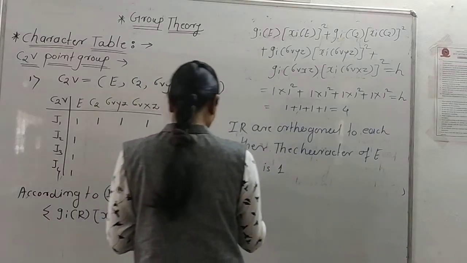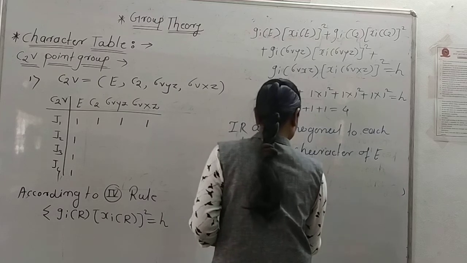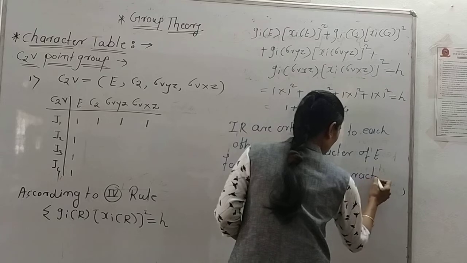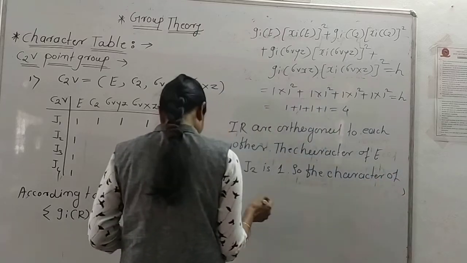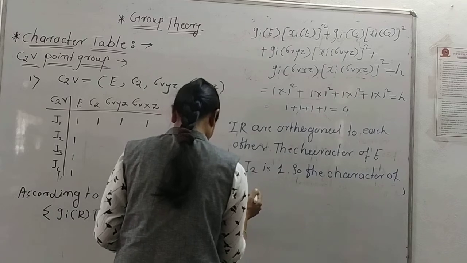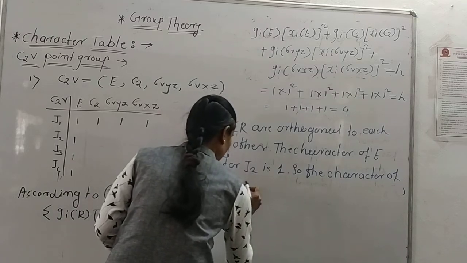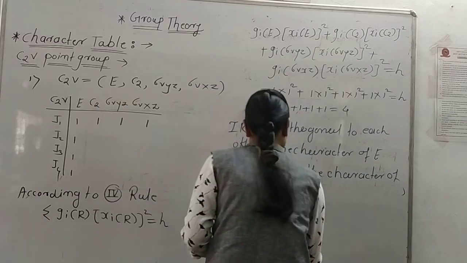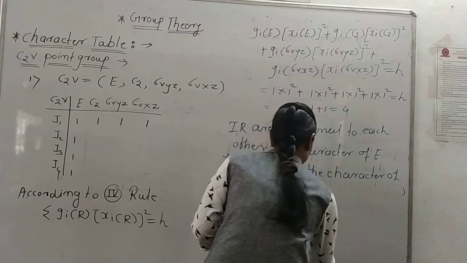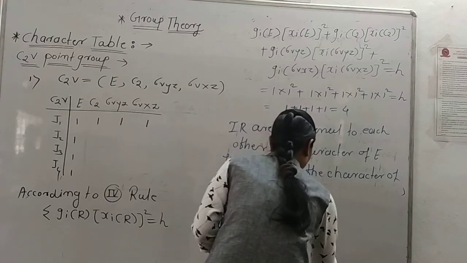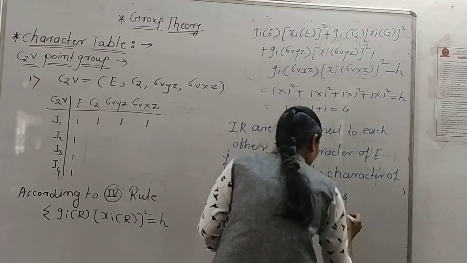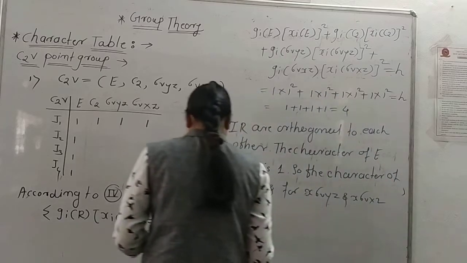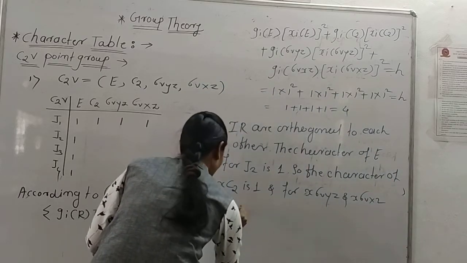So the character of C2 is 1, and the characters of sigma v yz and sigma v xz are -1.